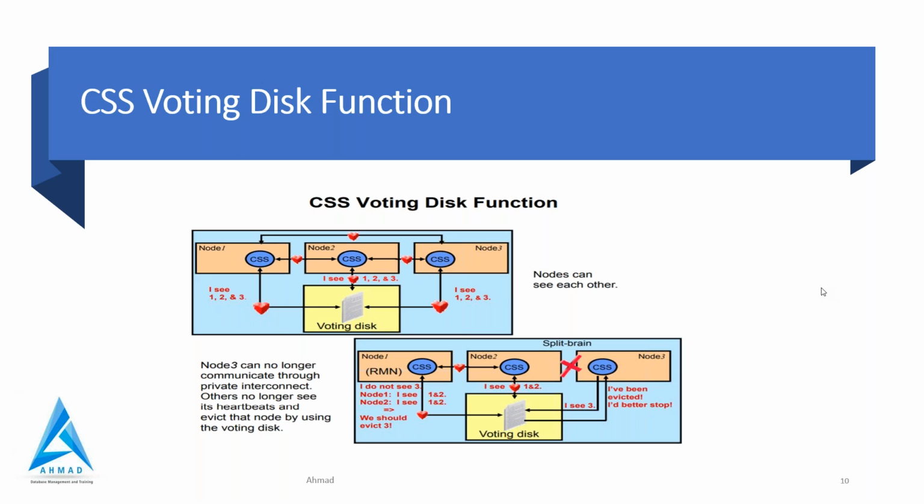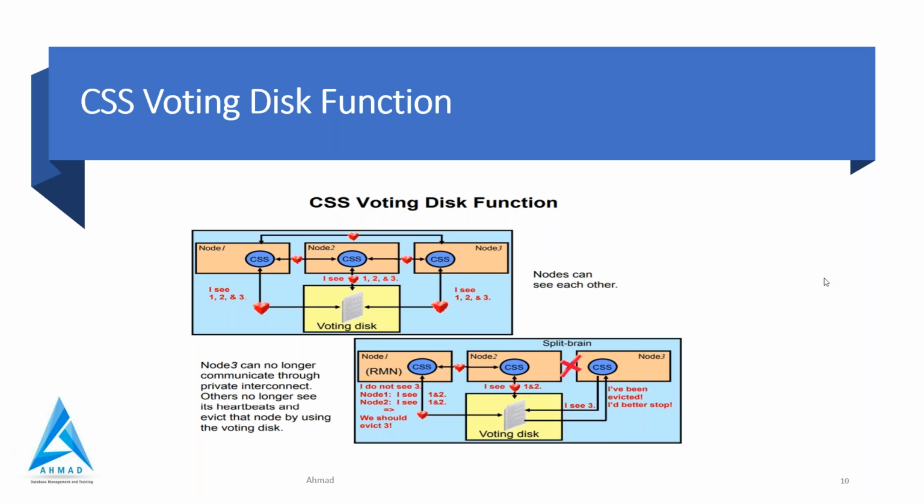And in the same way node 2 can ping node 1, but node 2 cannot ping node 3. So the combination is that node 1 can see node 2 but not node 3, and node 2 can see node 1 but not node 3. So which node will be kicked out? Answer please on the basis of the diagram.